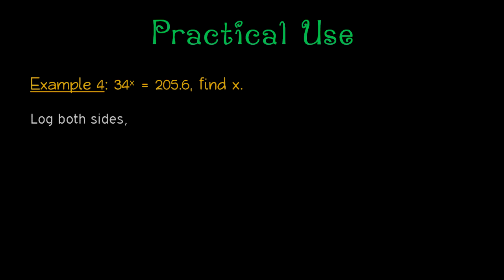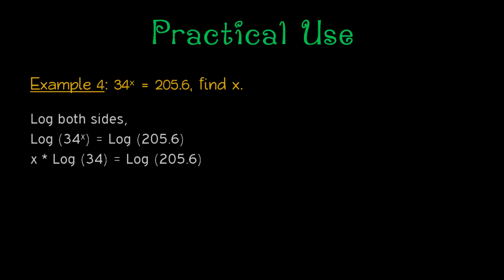Finally, let us come to where we started. We started with solving this equation. Let us do that now. I will recommend you that you try to do it before seeing the answer from here. So log both sides, use the properties of logs.